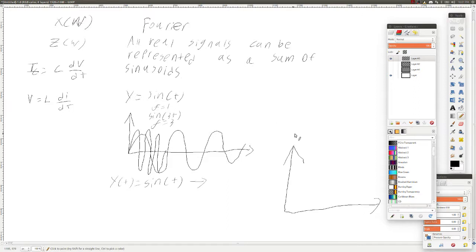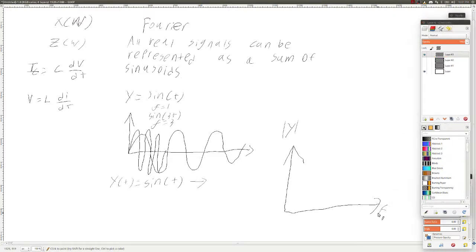In this case, if we have y magnitude and we have f over here, so f is frequency, then here for f equals 1, you'd have an impulse with a magnitude of 1.